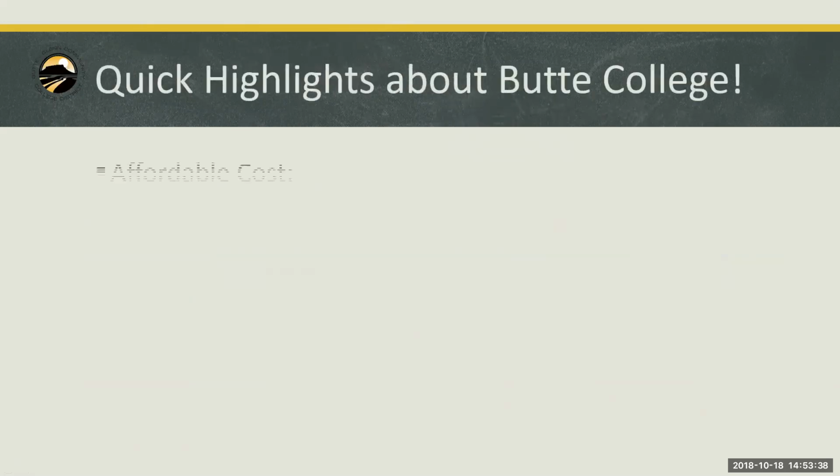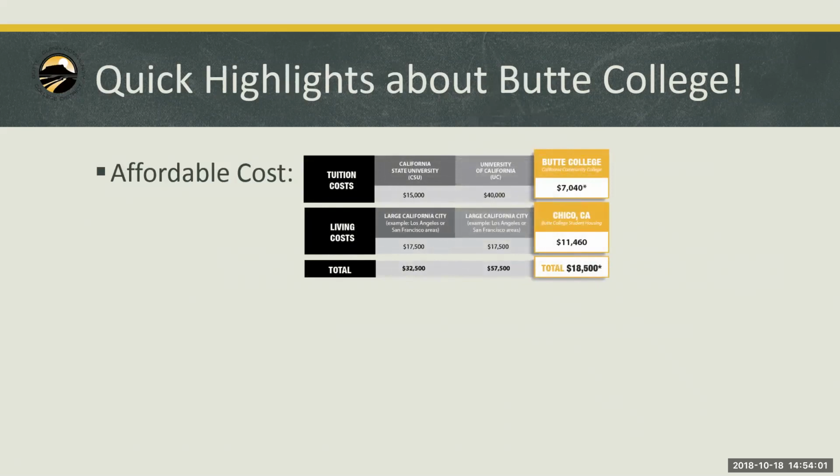Next, I will give you quick highlights about our college and why choose our college. We know that many students would love to study in the United States, especially in California, but it might be financially challenging for some. So here's what you can do. By choosing to attend Butte College first, you can still achieve your dream to study in California at an affordable cost. In the chart here, you can see the tuition cost of two of our major universities in California.